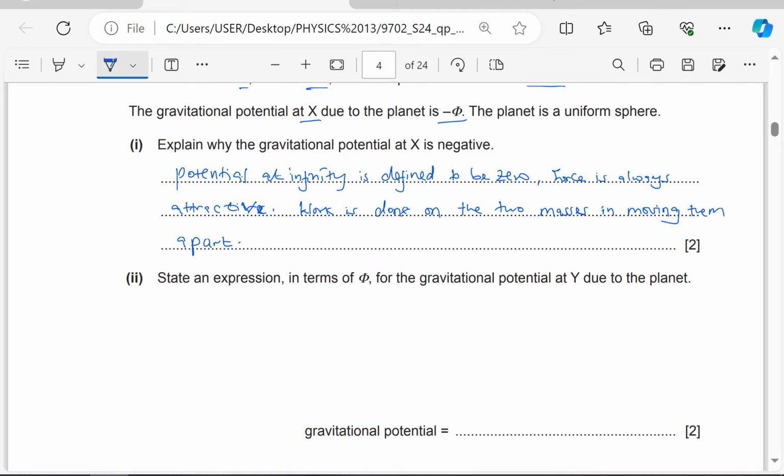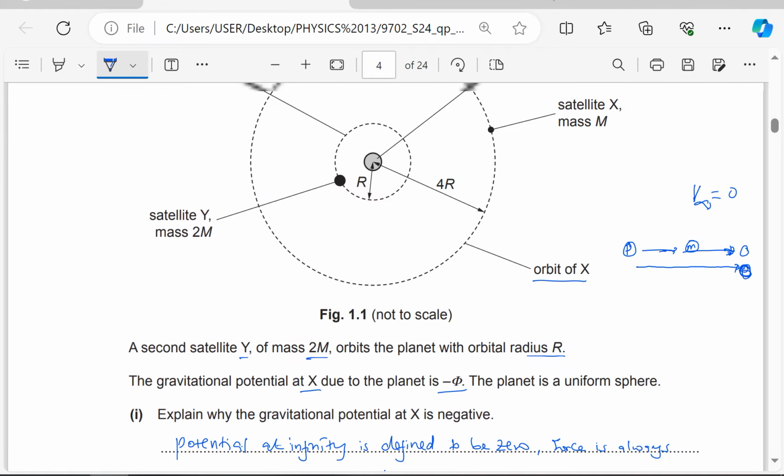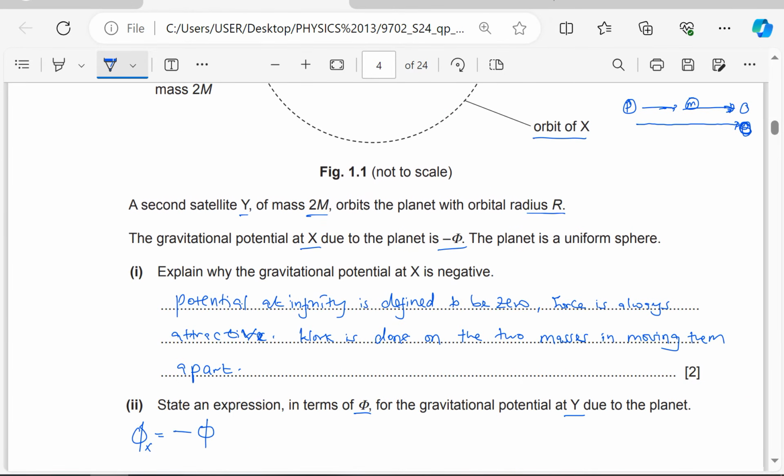Okay, state an expression in terms of phi for the gravitational potential at y due to the planet. They've already told us that gravitational potential at x, phi at x, is given as negative phi. Remember, phi is negative GM over r.